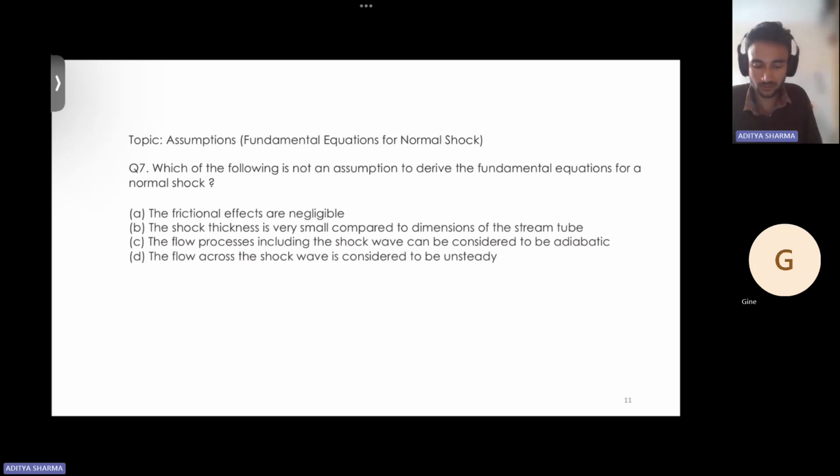The first option is based on frictional effects. The second is based on the shock wave's thickness. Then whether the flow is adiabatic or non-adiabatic. Then there is steadiness or unsteadiness.